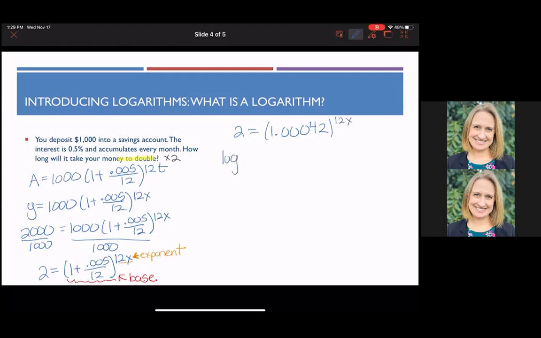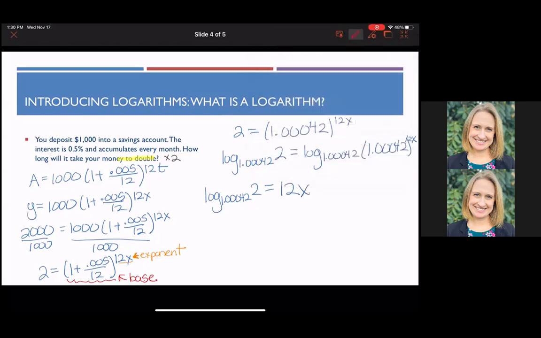The log base 1.00042 of 2 is the log of 1.00042 to the 12x. And so what this is saying is the log base 1.00042 of 2 equals 12x.